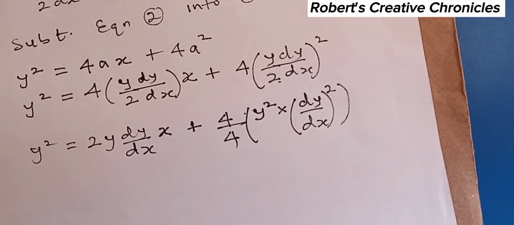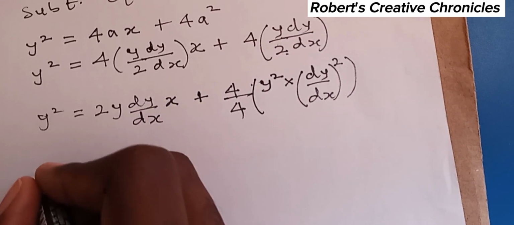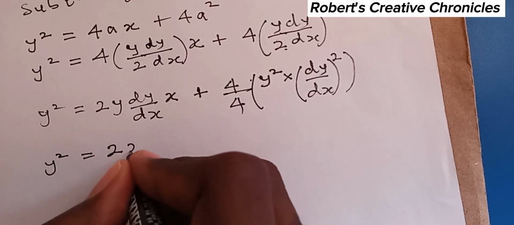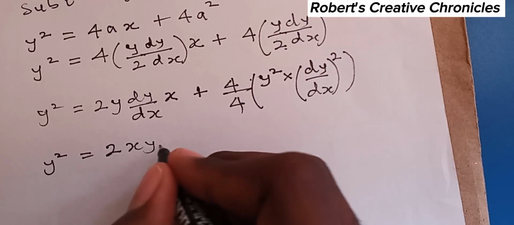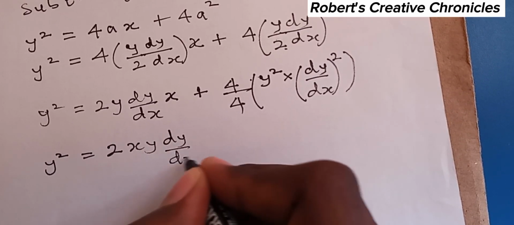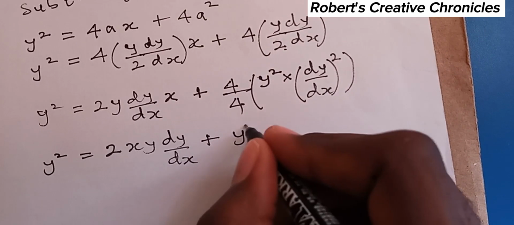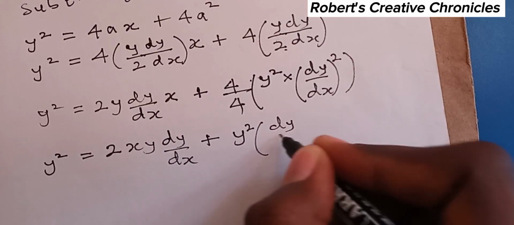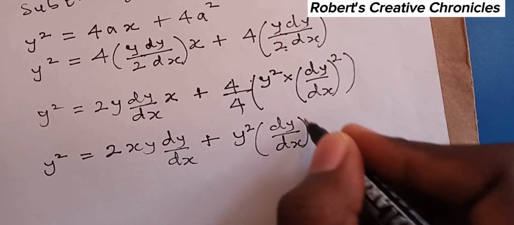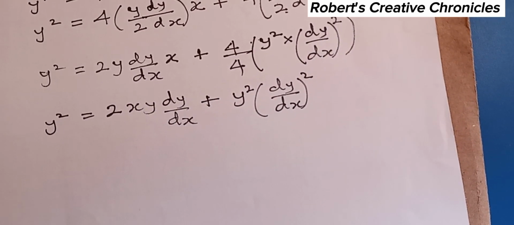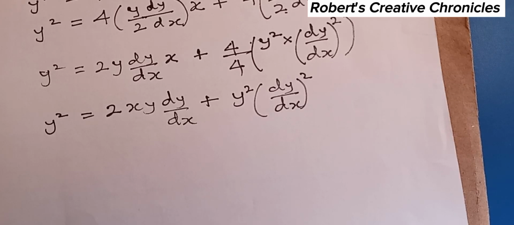Yes. So y squared equals 2xy dy over dx plus y squared (dy over dx) squared.